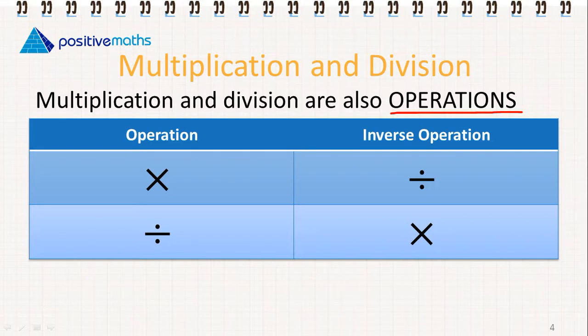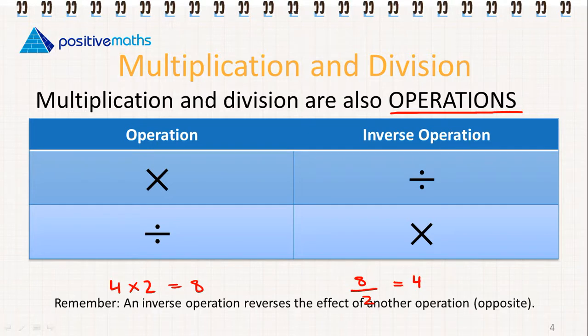If we multiply the number by 2, let's say 4 multiplied by 2 is going to give us 8. The inverse operation, 8 divided by 2, will give us 4. So we're remembering that an inverse operation reverses the effect of another operation.